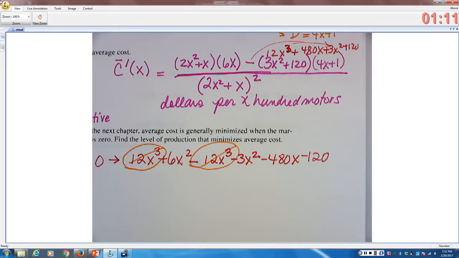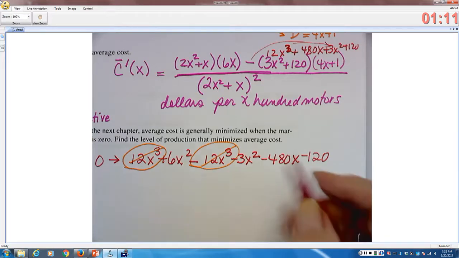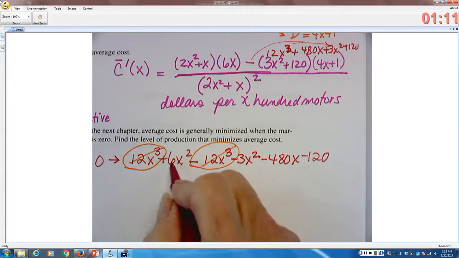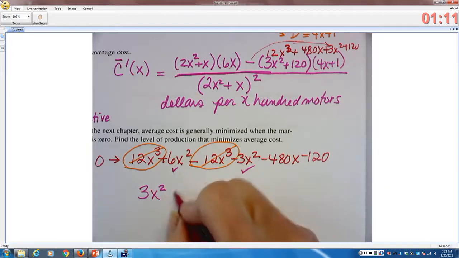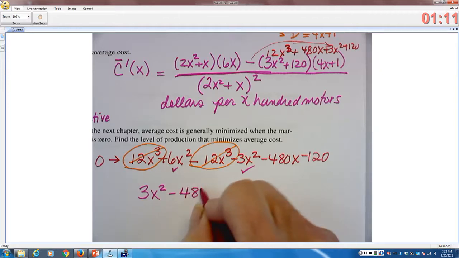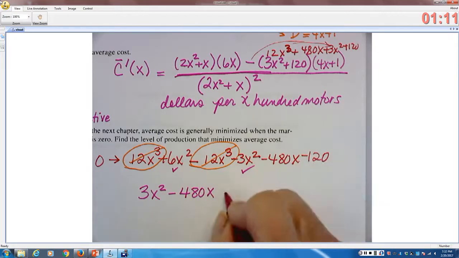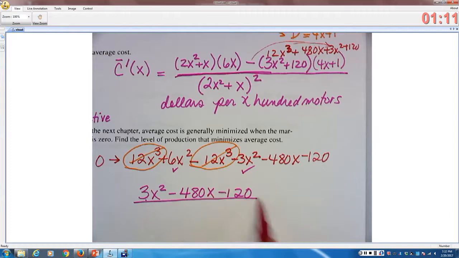And then minus 6x squared and plus 6x squared minus 3x squared leaves me with 3x squared minus 480x minus 120 over 2x squared plus x.